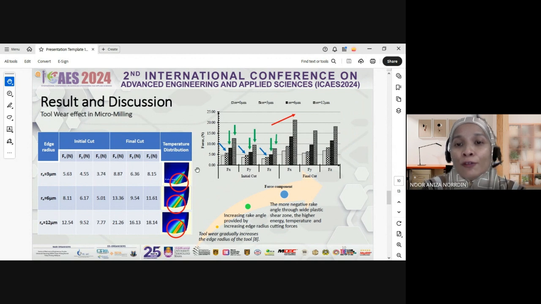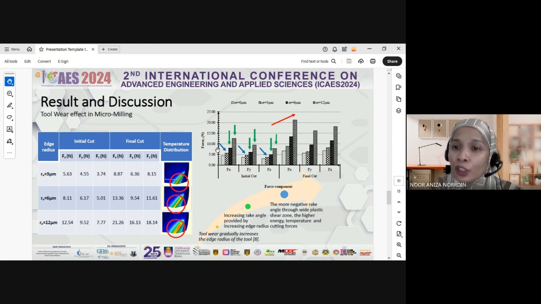Okay, for the cutting force components Fx, Fy, and Fz obtained from the simulation shown in the figure, it can be seen that all force components increase with the increasing tool edge radius. This points towards cutting with a worn tool, which represents 6 micrometers and 12 micrometers, generating a higher cutting force compared to the unworn cutting tool, which is 3 micrometers.